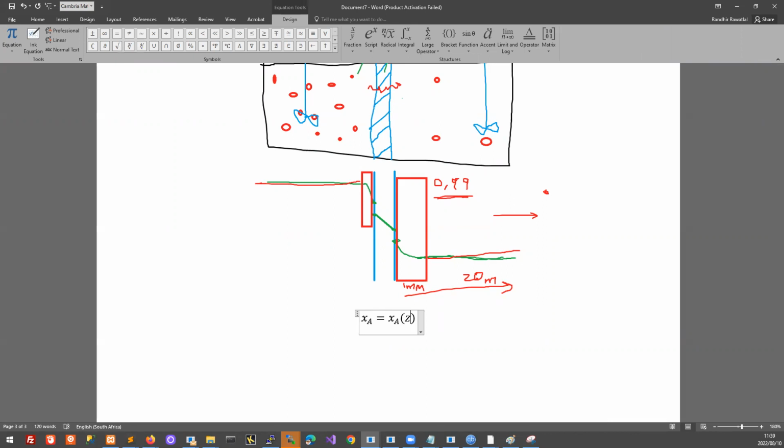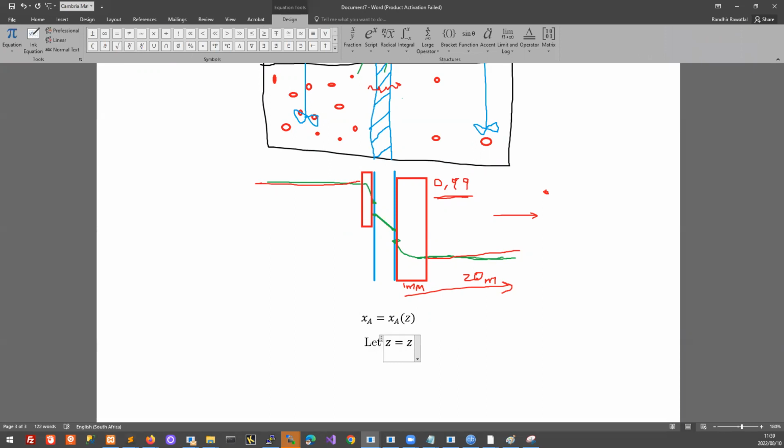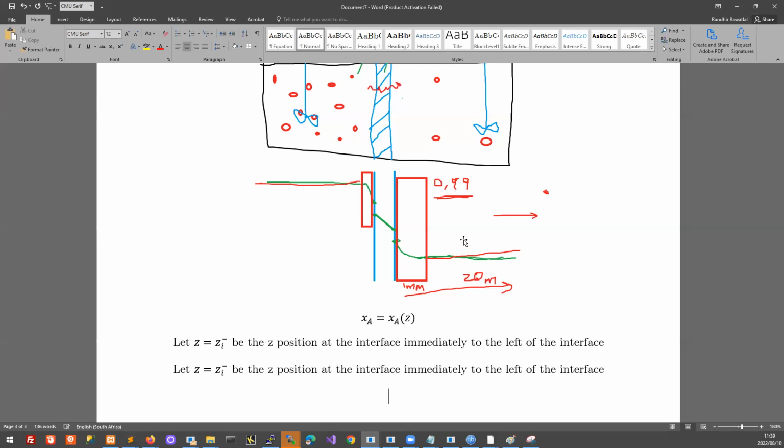However, in a certain range. Let Z equals Z interface minus be the Z position at the interface, immediately to the left of the interface, and let Z_I plus be the position just to the right of that.